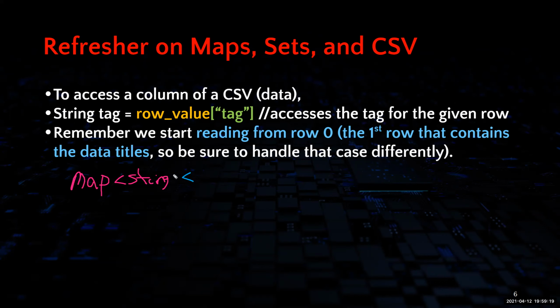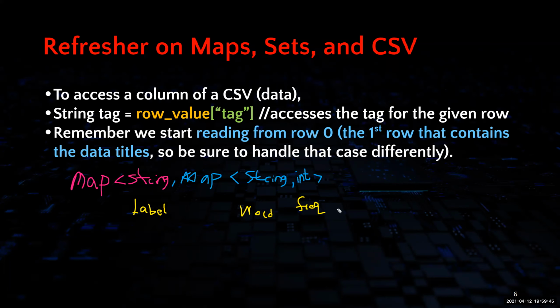So we have a map of a string, and its value is going to be a map of a string to an integer. So what does this mean? This means that I am mapping a label, this will be a word, and this will be the frequency.